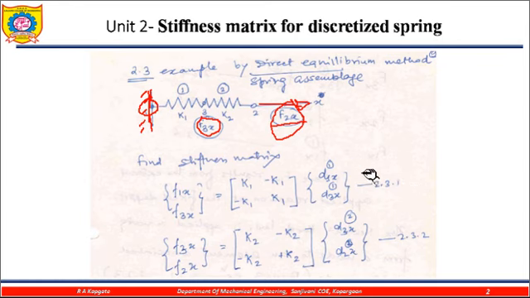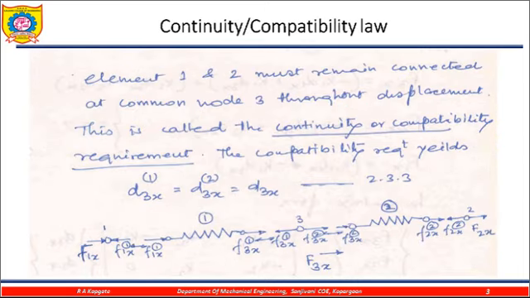So we get element stiffness matrices for the two elements, element 1 and element 2. Now how do we assemble these? Here you can see the compatibility law, or continuity law, which we studied in the previous videos.